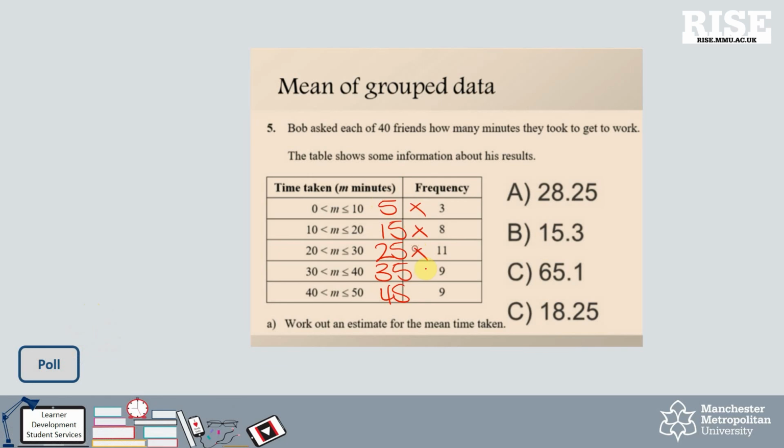Multiplying those across, as we've always done before, we get the following answers: 15, 120, 275, 315, and 405. Adding all of that, I get 1,130, and my total frequency is 40. So 1,130 divided by 40 gives me an answer of 28.25.